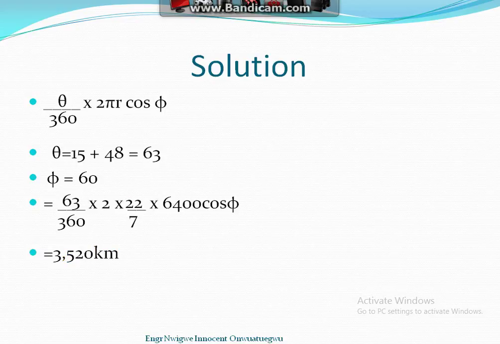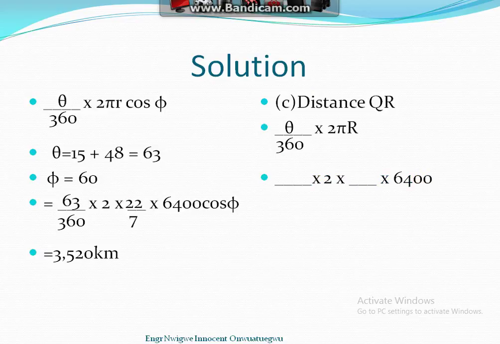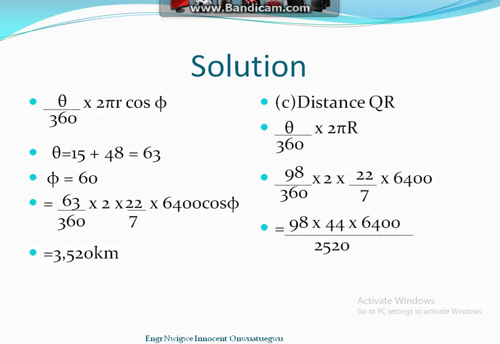The next question is the distance QR on the surface of the Earth. We still have the formula theta over 360 times 2 pi r. We substitute the values, and we have theta as 98 over 360 times 2 times 22/7 times 6,400, which gives 98 times 44 times 6,400 all over 2,520, which gives us 10,951.1.